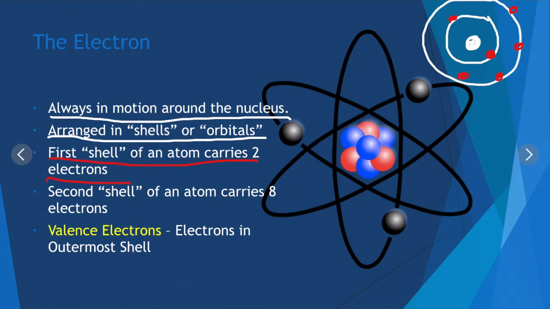We don't have to have 8, but we can have up to 8. See, we can stop at 6, and there's still room for 2 more, but the second shell of an atom can carry up to 8 electrons, okay? And whatever shell is on the very outside, it could be the 3rd, 4th, 16th shell, the electrons in the outermost shell are called valence electrons.